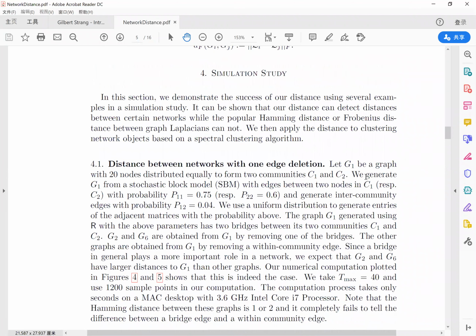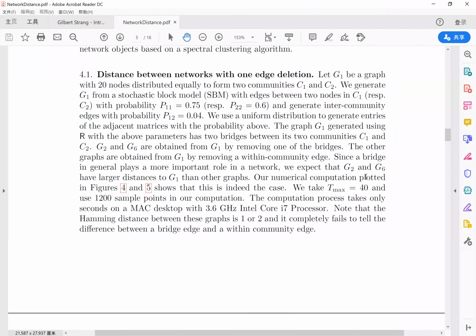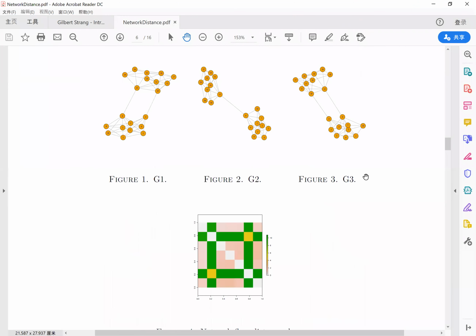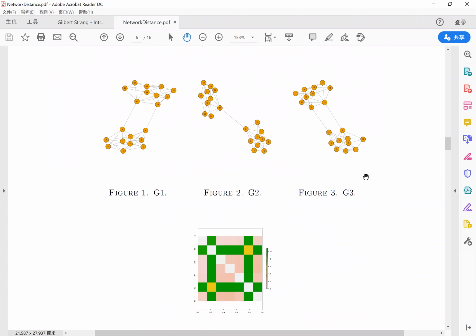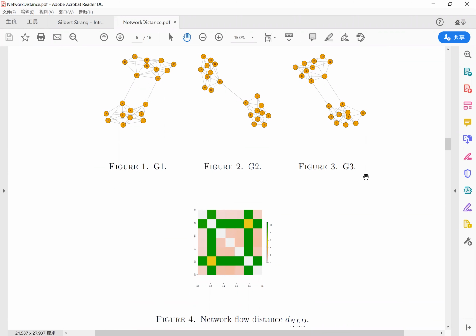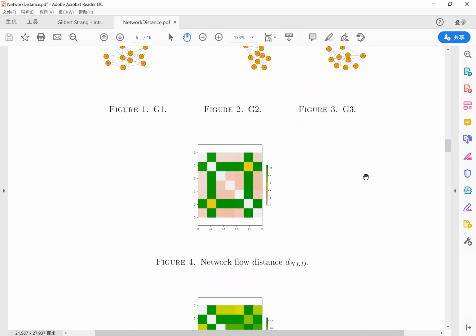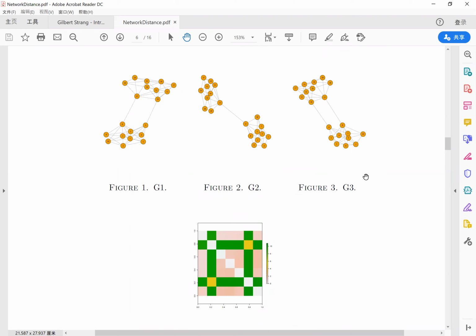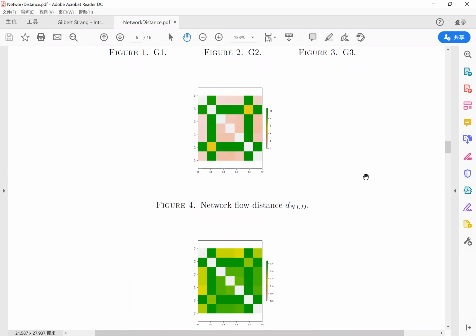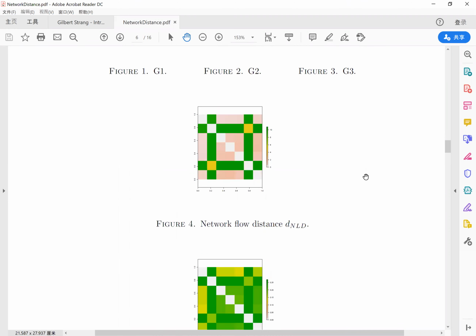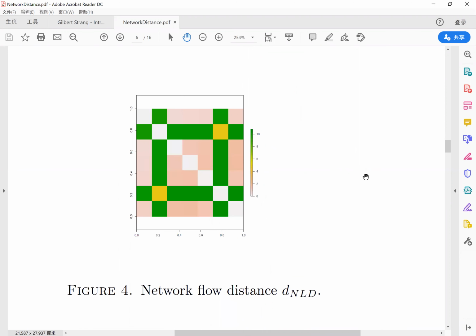Okay, so you see our simulation study. You see these three communities. Actually, we can define the difference. We assume 1 and 3 should be similar, 2 should be different. You see picture 4, you clearly see two distinct colors, one in green and some part in pink.